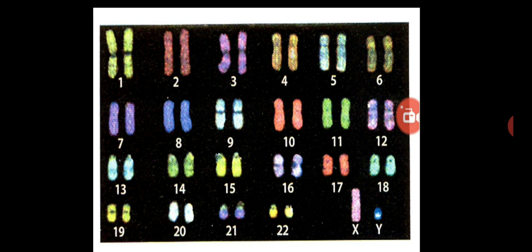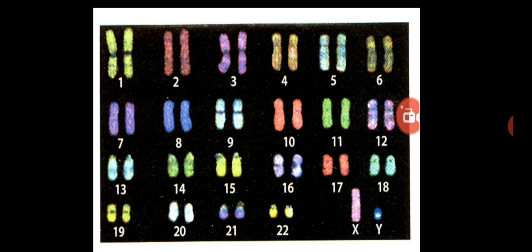And moreover, the number and size of the chromosomes are very specific to a species, to an organism. Regarding the number of chromosomes, a haploid gamete has only one set of chromosomes.